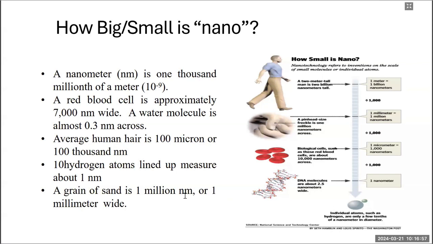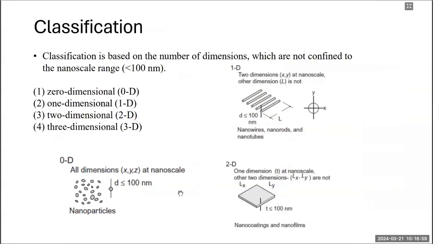So if you go to the next slide, you can see the classification of nanotechnology or some nanomaterials. First of all, there is zero dimensional, which is called 0D.